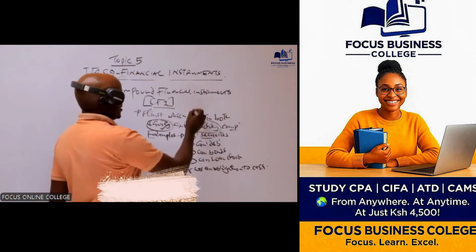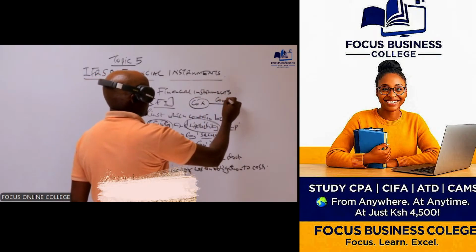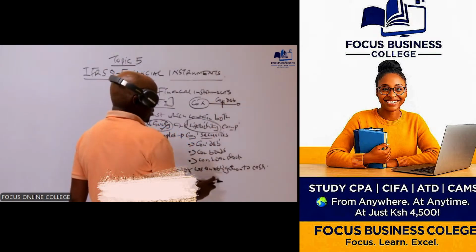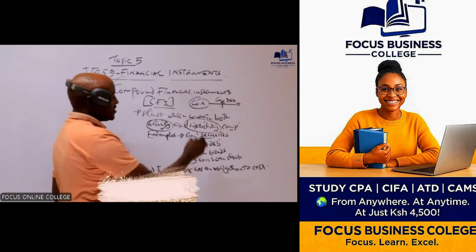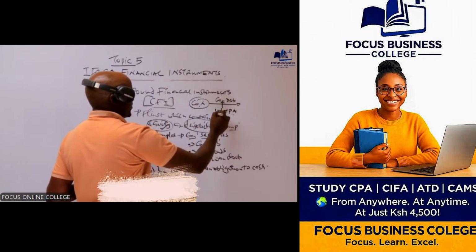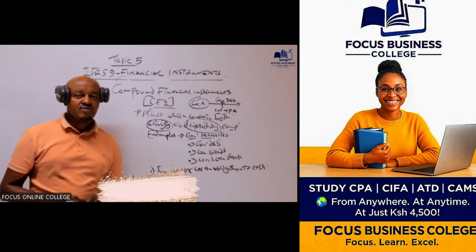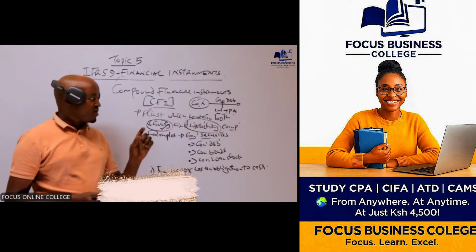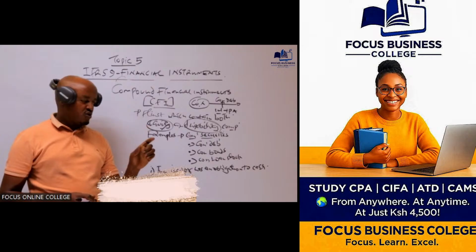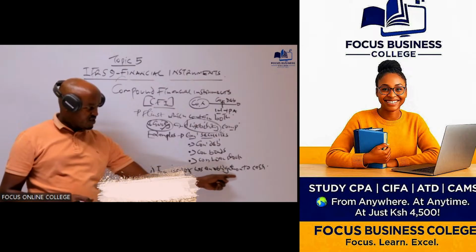What does that mean? Assuming company X has issued convertible debentures, this company has an obligation to pay cash. The cash to be paid by this company is interest and the principal amount. If the holders of these debentures do not convert them into ordinary shares, once they mature, our company will be required to redeem them by paying back the principal amount. So the issuer has an obligation to pay cash.